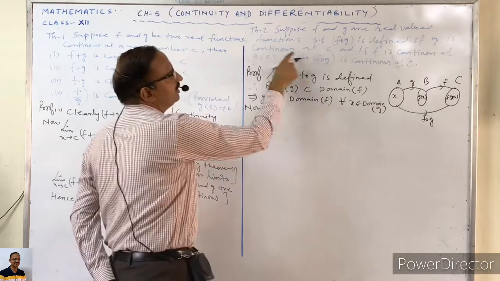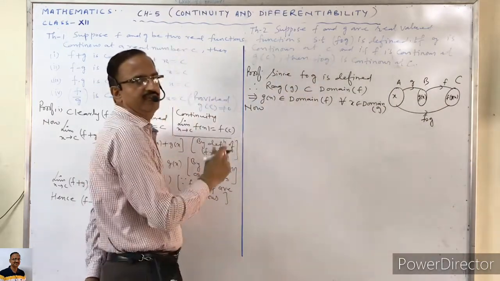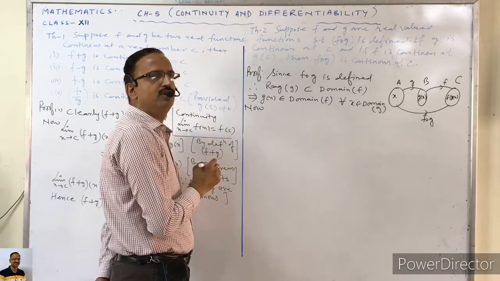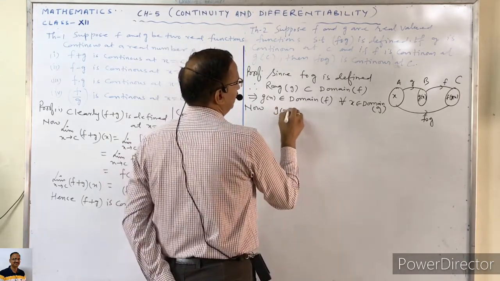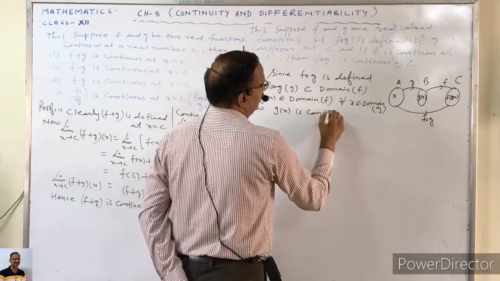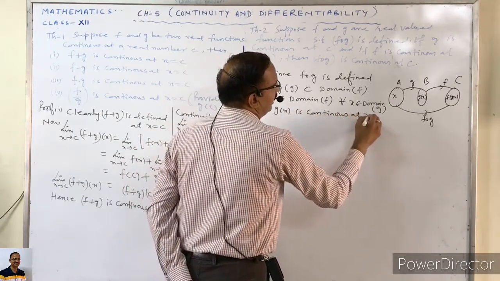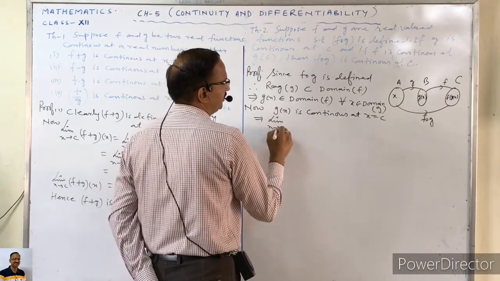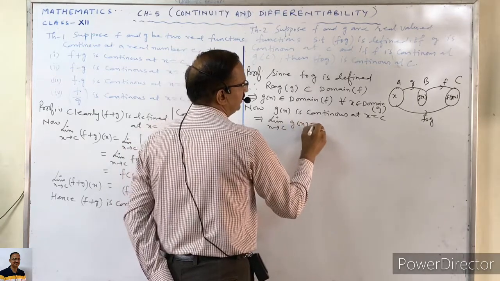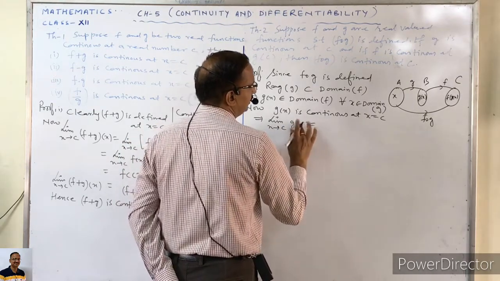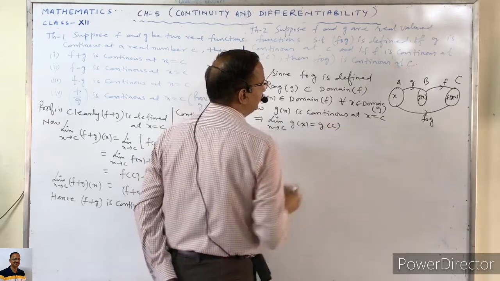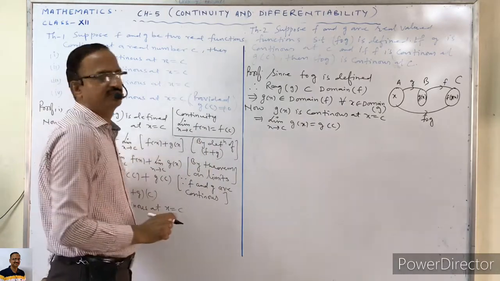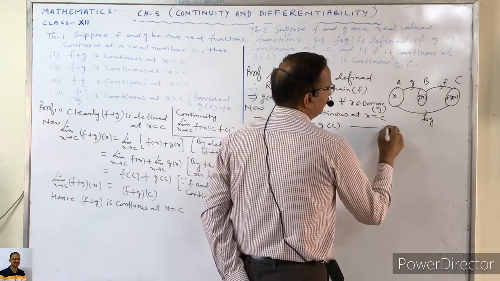Okay? Now, g is continuous at c. So we can say that g(x) is continuous at x equal to c. So this implies that limit x tends to c, g(x) equals g(c). This is by definition of continuity. Suppose this is the first part.